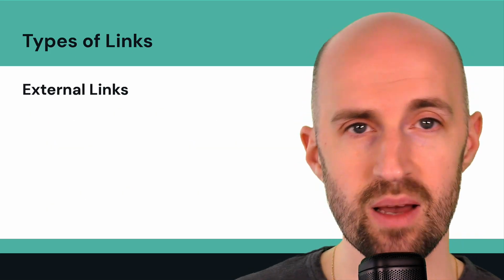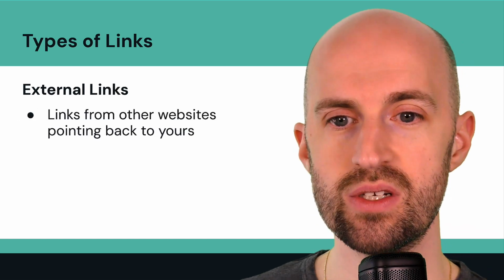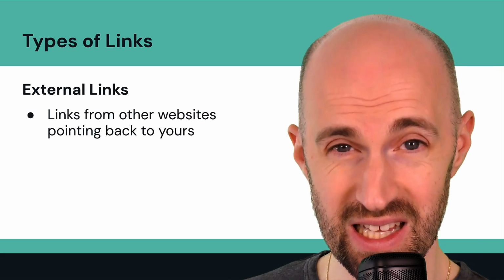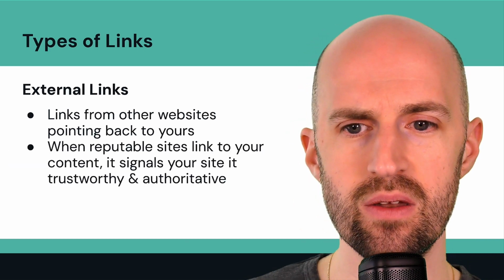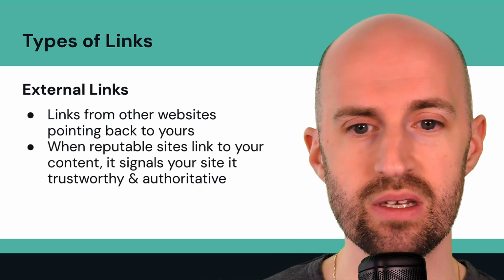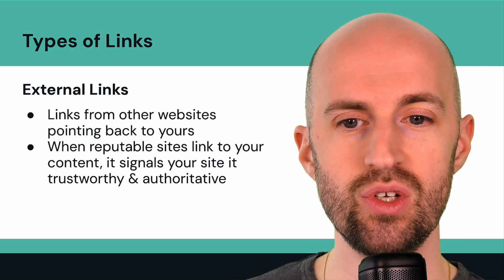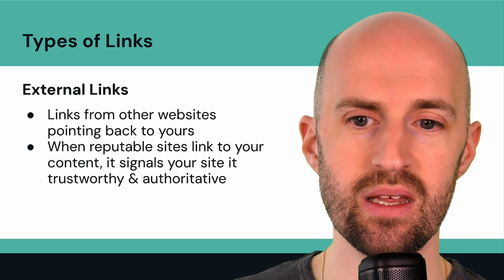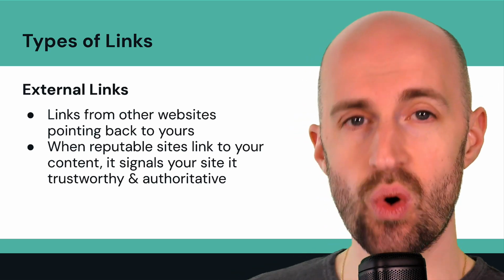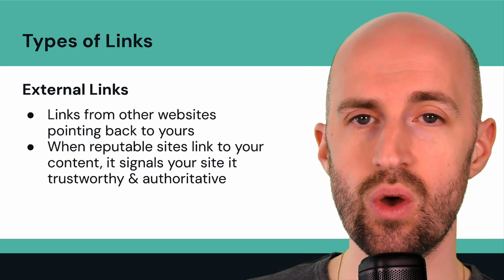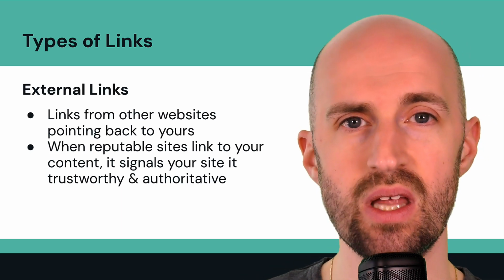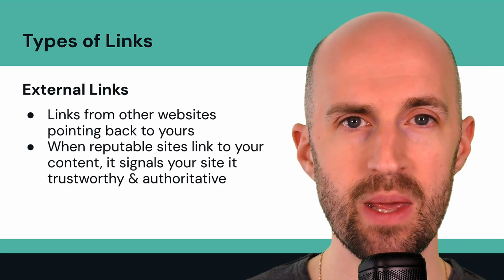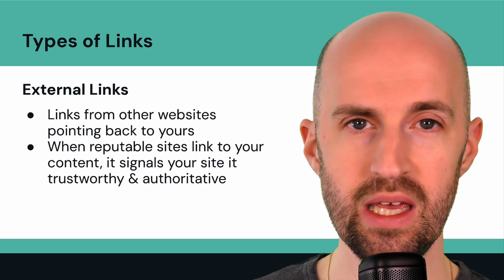And then the second type is external links. So these are links from other websites pointing back to yours. These are also known as backlinks. So when these reputable sites, ideally, link back to your content, it signals to Google that your site is trustworthy and authoritative. It's kind of like associations: when you have quality friends, people will think you're also a quality individual.